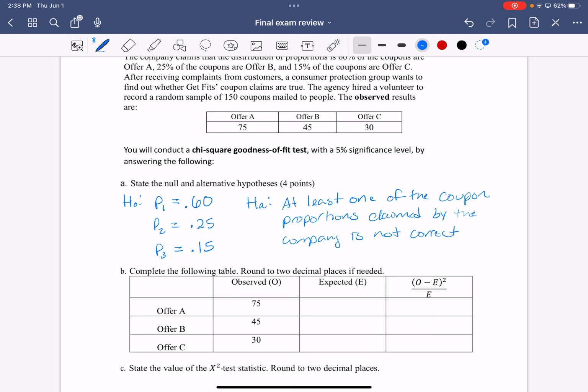Does anyone recall the formula to calculate the expected? N times P. And it is on your formula sheet.